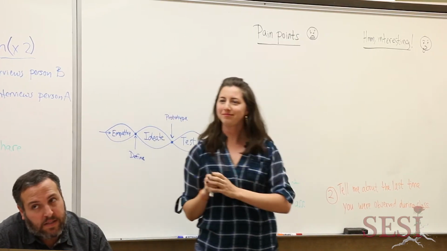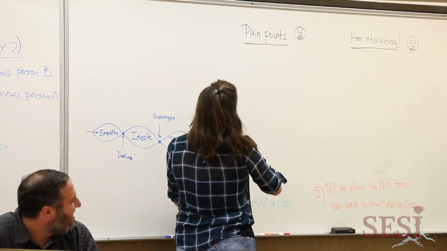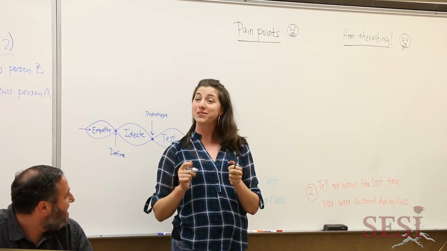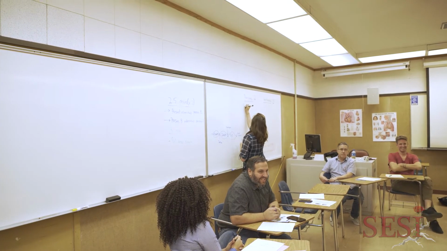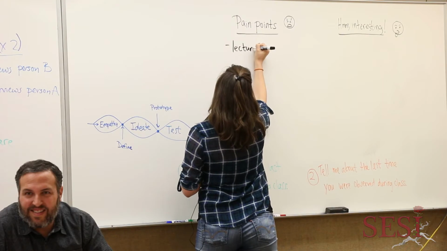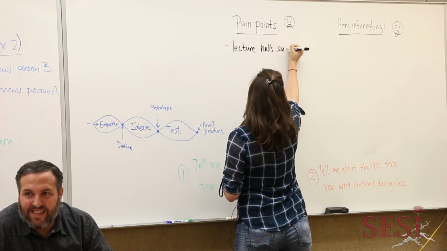Lecture halls suck. Okay. Would that be a pain point or an interesting moment? We noticed that the instructor could not maneuver through the classroom effectively and could not rearrange students.